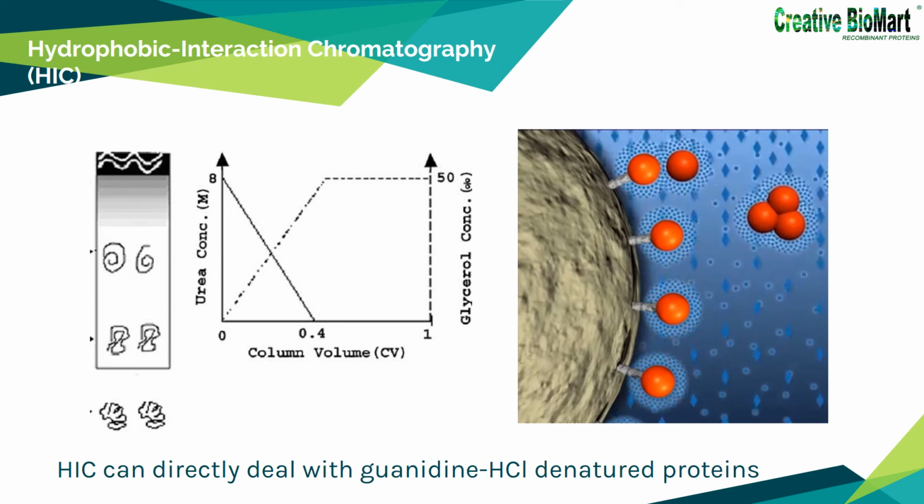The amount of exposed hydrophobic amino acids differs between proteins, and so does the ability of proteins to interact with HIC gels. Considering hydrophobic interactions are the dominant forces in protein folding and structure stabilization, HIC can be an artificial chaperone system through its interaction with the denatured protein. Furthermore, HIC can directly deal with guanidine HCl denatured proteins, which is an advantage over IEC refolding.